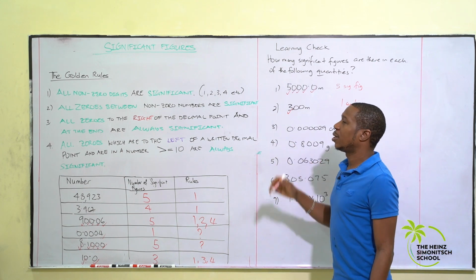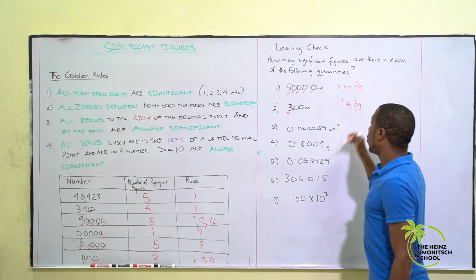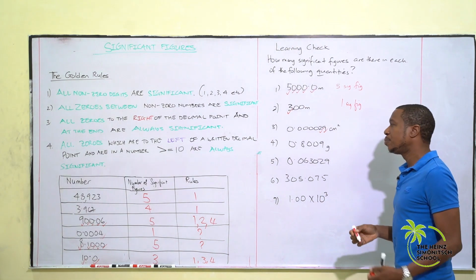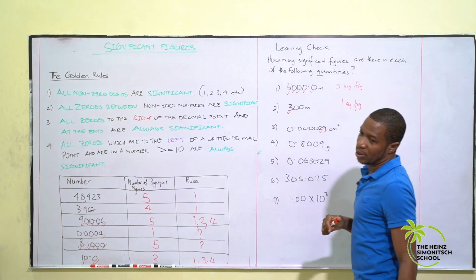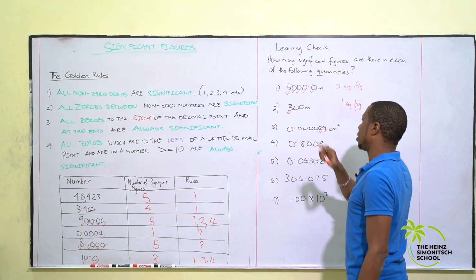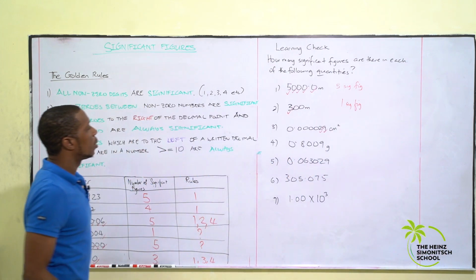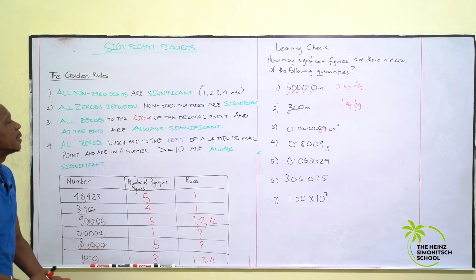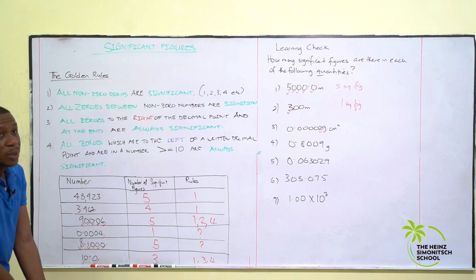Now number 3 here, how many significant figures are in that number? Well, 2 and 9, as we know, they are significant because they are non-zero. And what can we say about these zeros? Are they significant? These 4 zeros, will they be significant based on the rule there? They will not be significant.